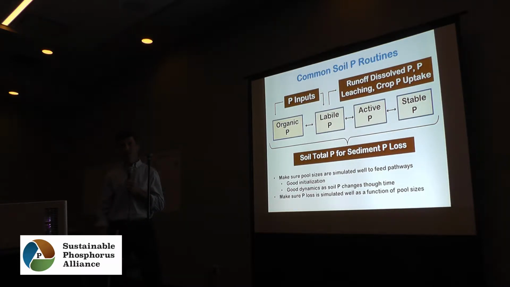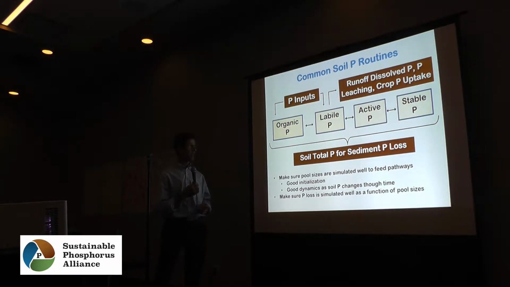So today I'm going to talk mostly about the inorganic pools. So basically you have a labile inorganic phosphorus pool. That is what is feeding the crop uptake, like Chad talked about, your dissolved phosphorus loss in runoff, any dissolved P that's leaching, like Kevin was talking about. That's the pool that's going to feed those pathways.